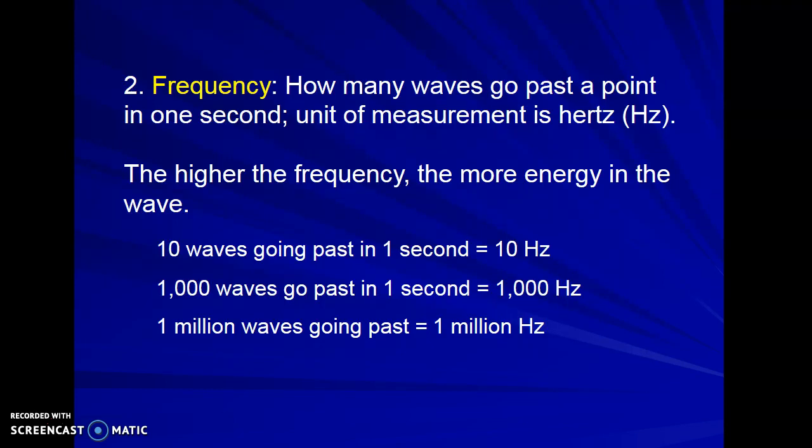In order to get 1 million waves to go by in a second versus 10 waves to go by in a second, the wave just needs more energy. It needs to be moving quicker and needs more energy in order to do that. So that's our second wave property that all waves have.